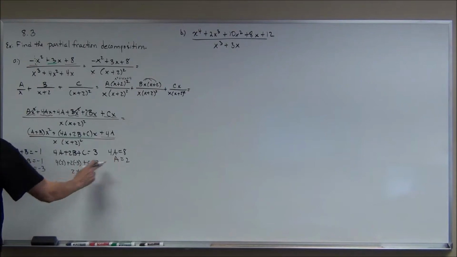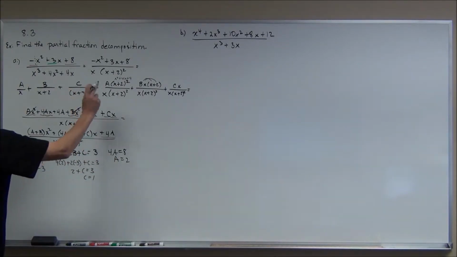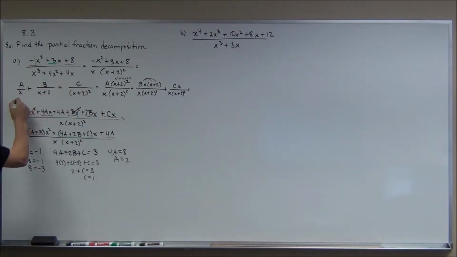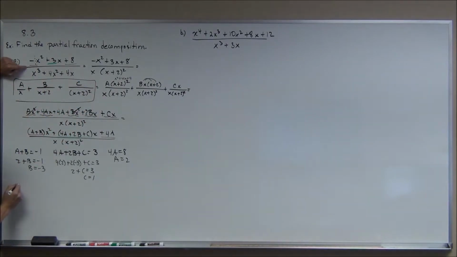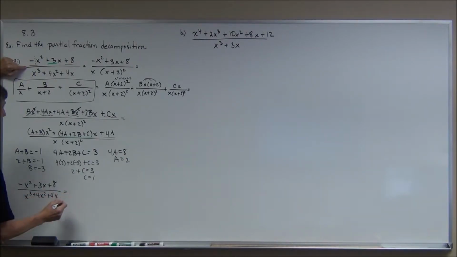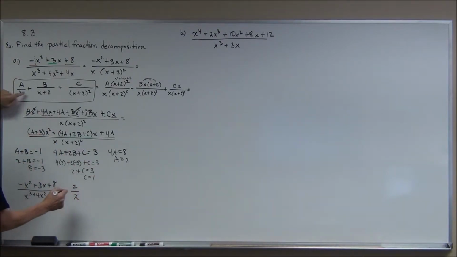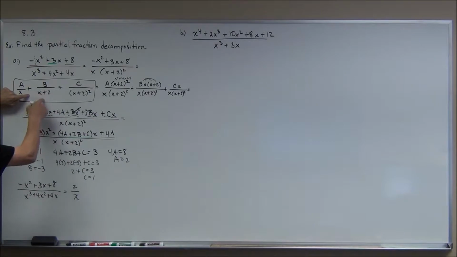So now I have A, B, and C, and I can put them right back into this form. So the original problem, the opposite of x squared plus 3x plus 8, kind of recapping here, all over x to the third plus 4x squared plus 4x is equal to A over x, so that would be 2 over x, plus B over x plus 2.